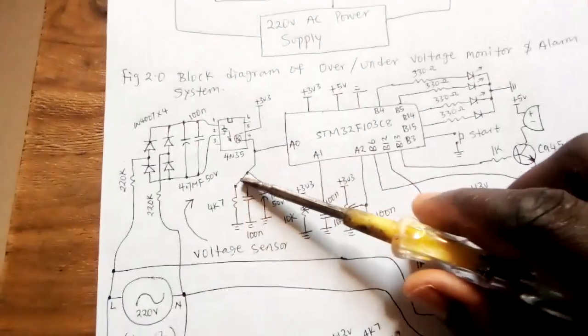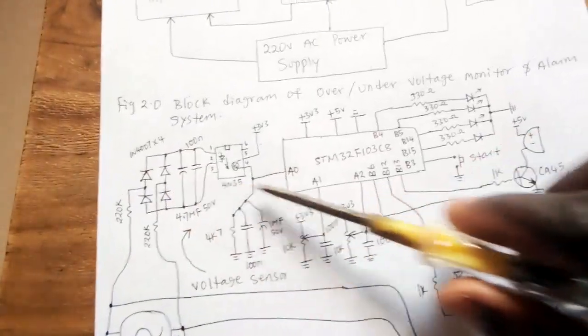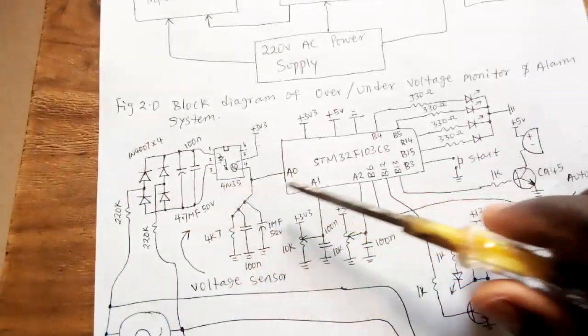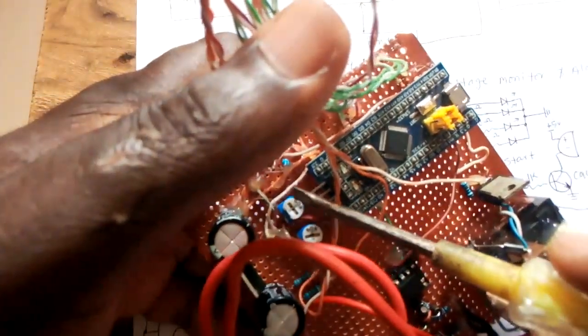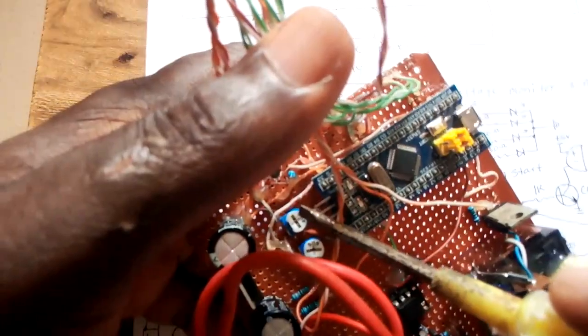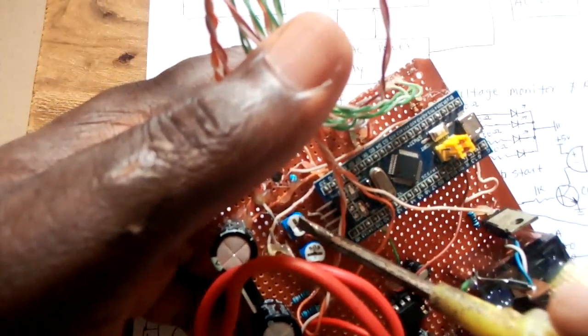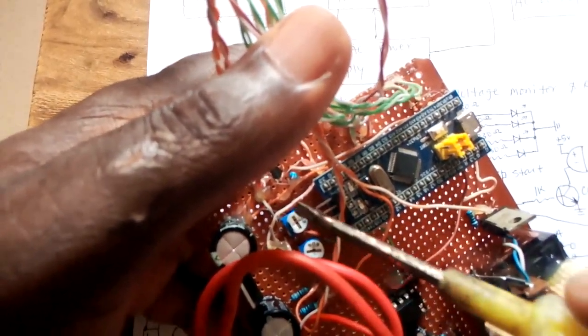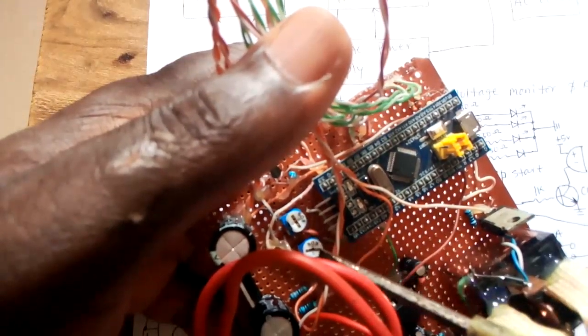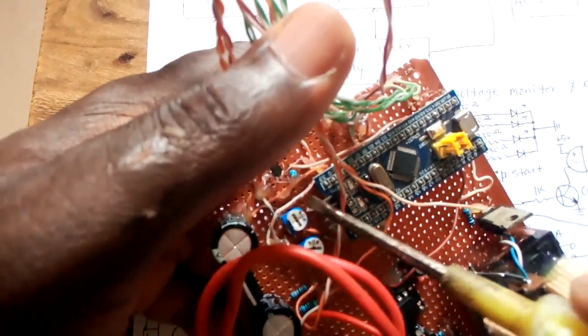So here, these are the sensors. You can see the two potentiometers here: the high reference point and the low reference point, that is, the high voltage reference point and the low voltage reference point. So it's adjustable.